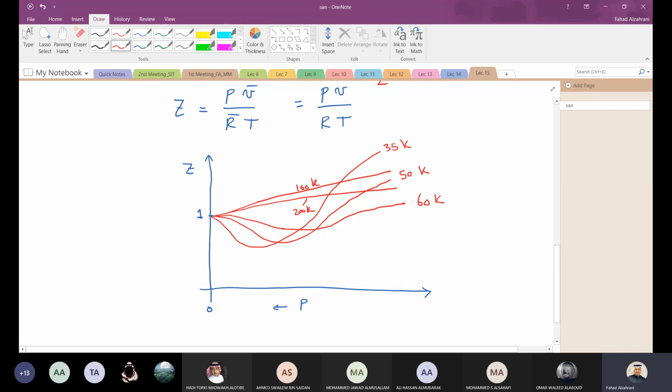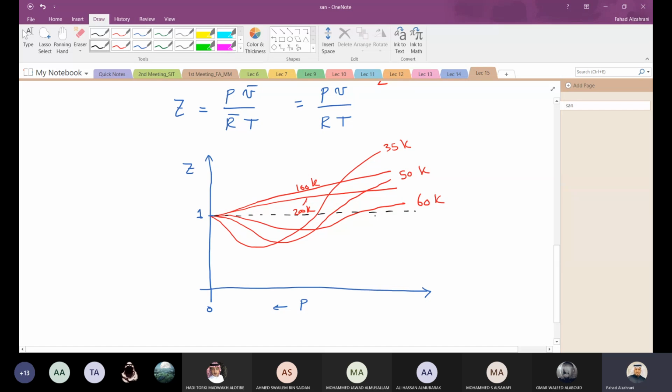Okay, so the idea is, guys, there are certain trends for Z versus the pressure. However, the idea is as the pressure goes to zero, this value gets closer to what? Gets closer to 1. Okay, 1, and this is 1. So this is the idea you should understand.